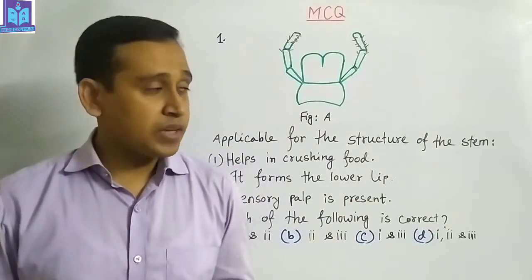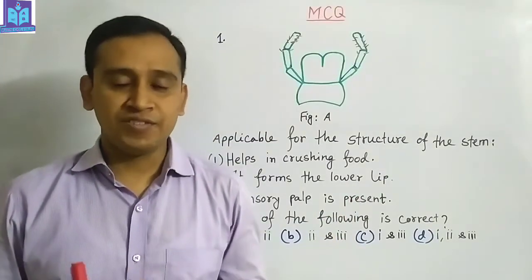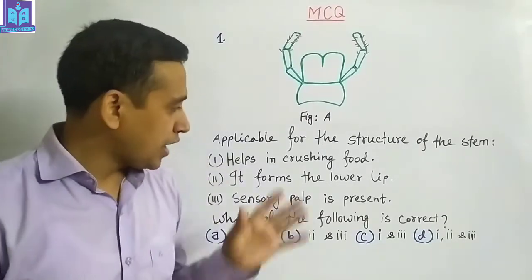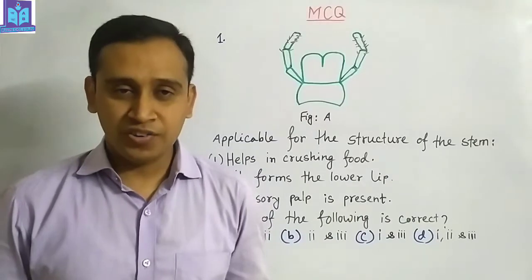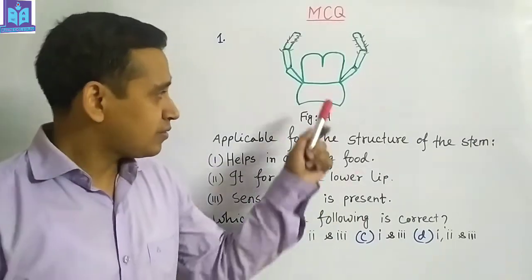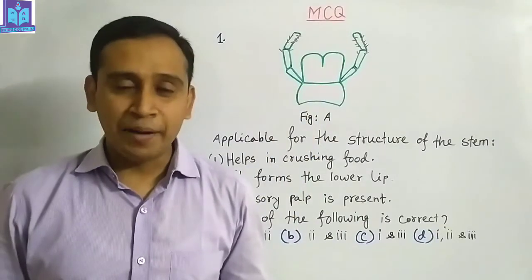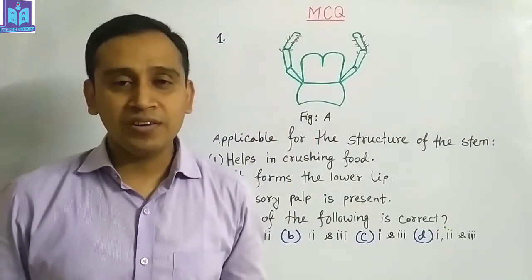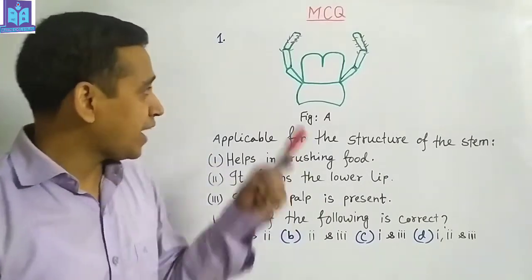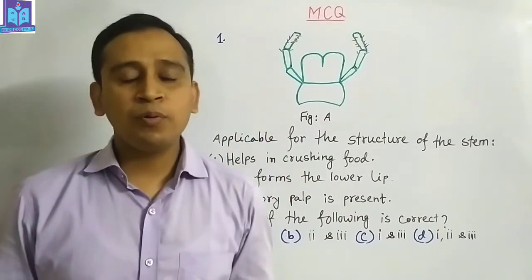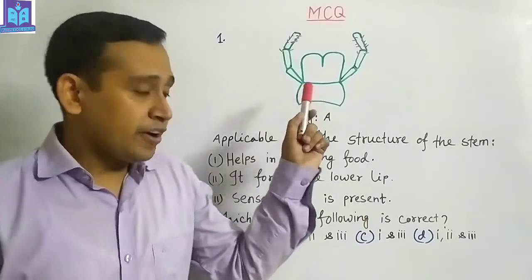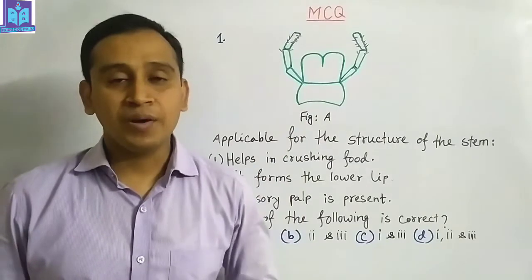At first, you have to recognize the stem or recognize the diagram. So, I hope all of you have got it by reading the questions. Yes, it is called labium, one of the important appendages of the mouth parts of grasshopper. So, this MCQ is multiple completion based. At first you have to know what mouth parts are.